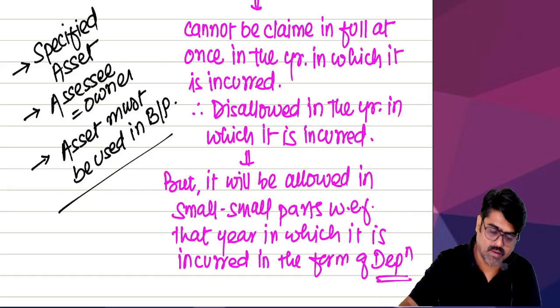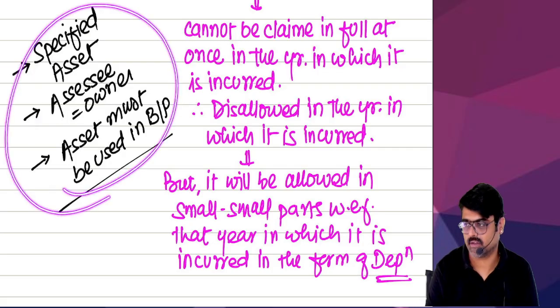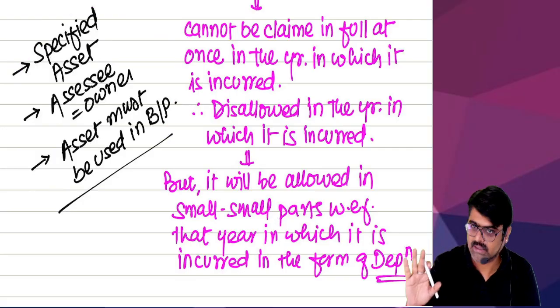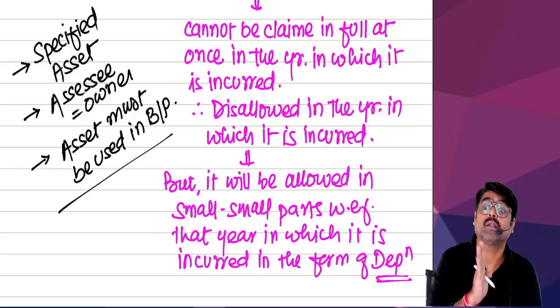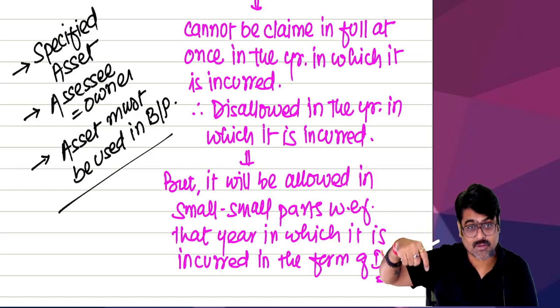So one by one, we are supposed to first understand these conditions. Why these conditions, what is the meaning of each condition, yes or no? Once we understand this, then we will learn how to calculate the depreciation on this cost.